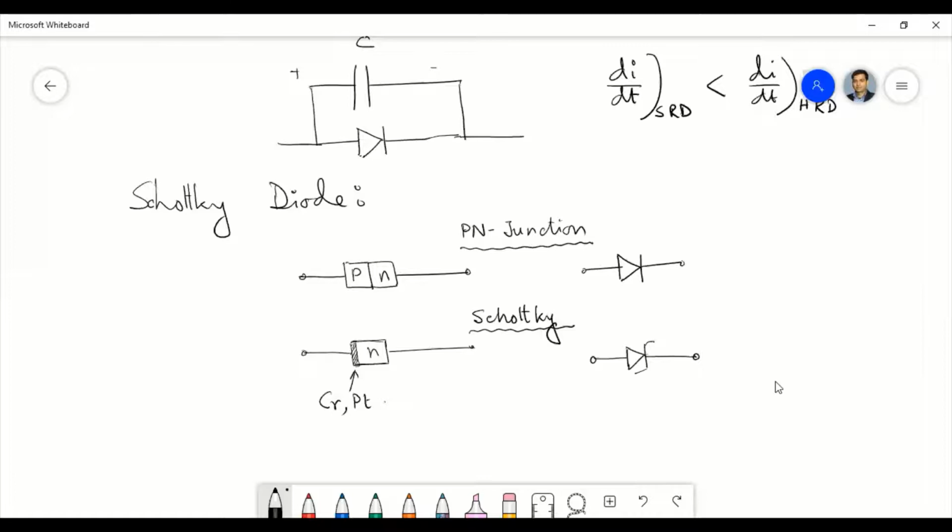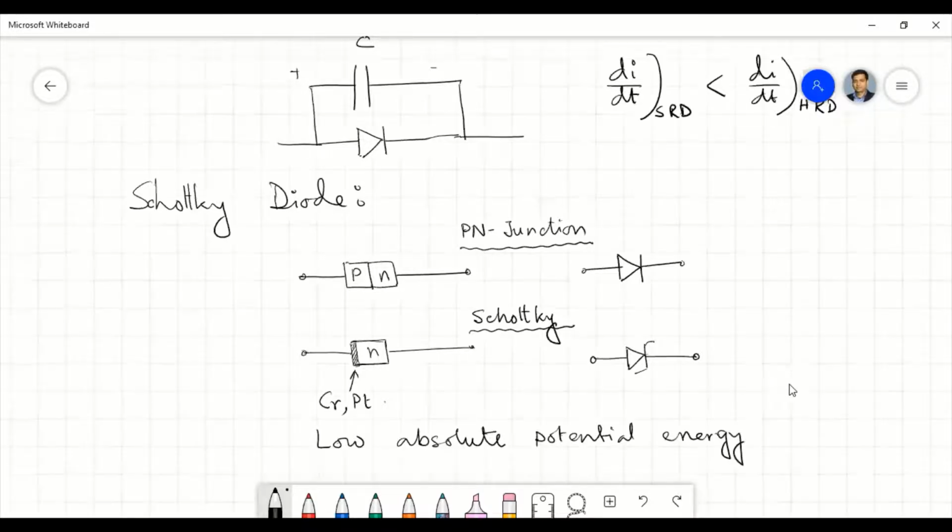This type of metal has low absolute potential energy. So you can write down the term: this type of metal has low absolute potential energy.